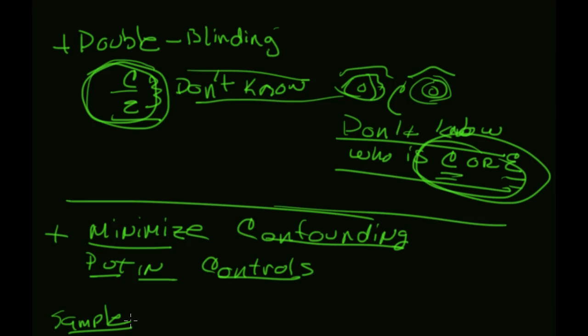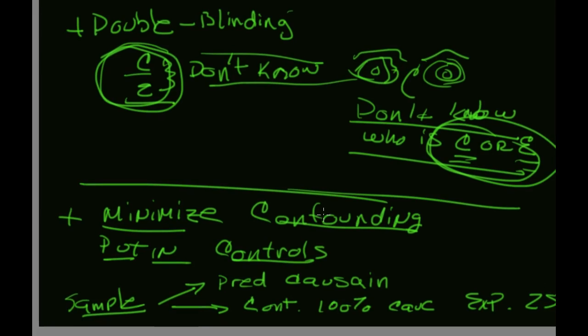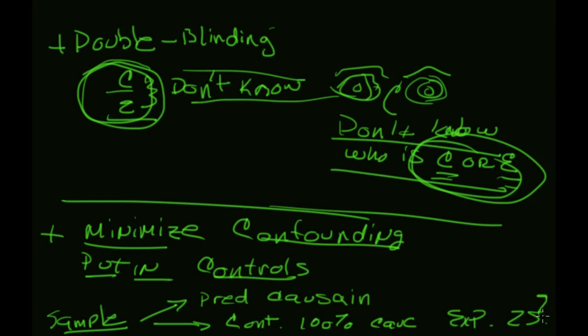So if you happen to take a sample and you manage to get a sample that is predominantly Caucasian, and you note that in your control group it is 100% Caucasian, and that your experimental group is, by some accident of sampling, 25% other races, then you have an issue, okay?